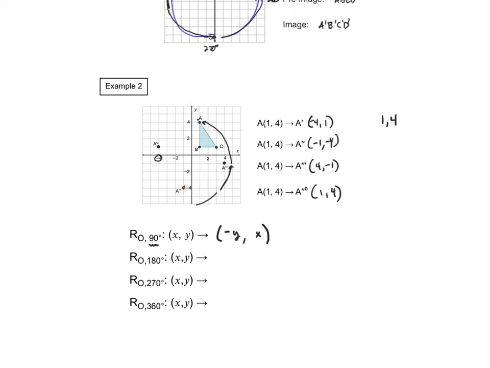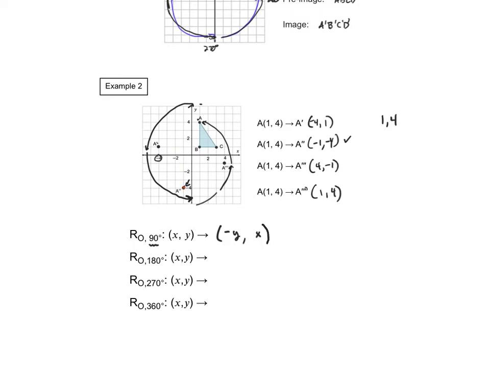When it's 180 degrees, well, that would be over here. So I went from this 0 to 90, and then 90 to 180. So I am looking to identify this point right here, which is going to be, as we said, -1, -4, right there.